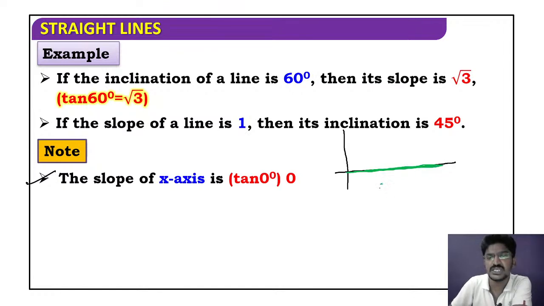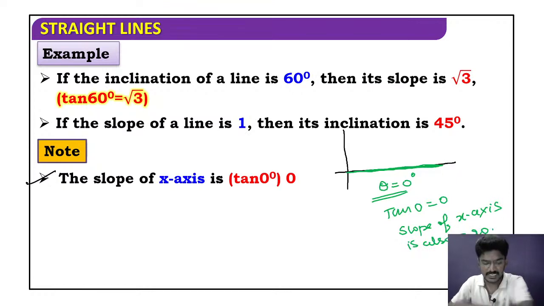You can just see that theta is equal to 0 degree. Therefore, tan 0 is equal to 0. Therefore, slope of x-axis is also 0.